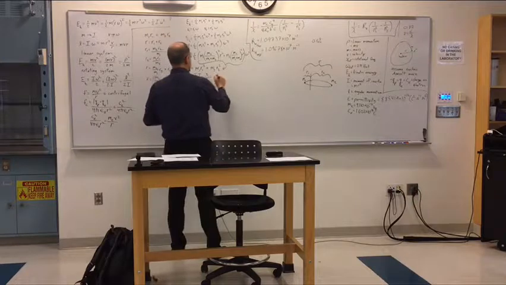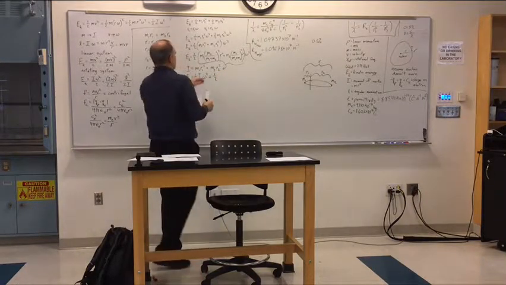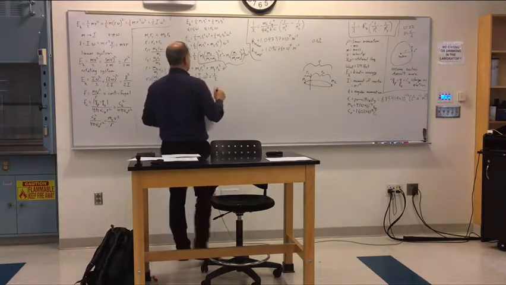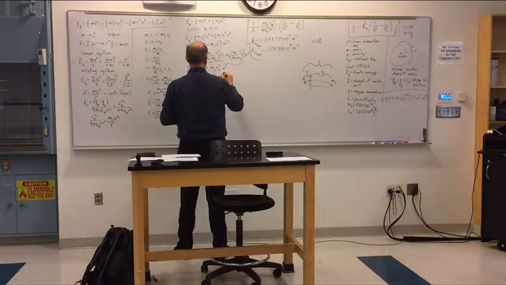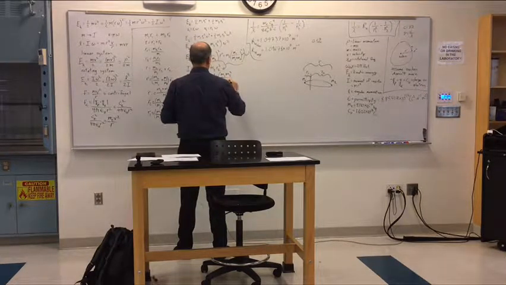So this is equal to 1/2. We can simplify this. This gives us m1, m2 squared. I'm going to keep what's in the bottom within a set of parentheses.